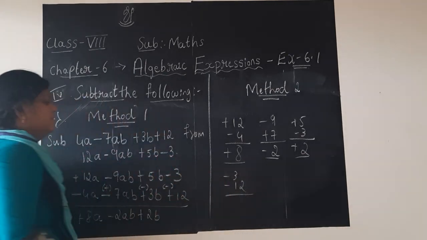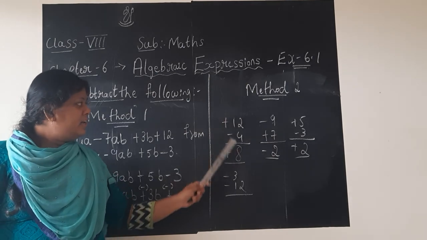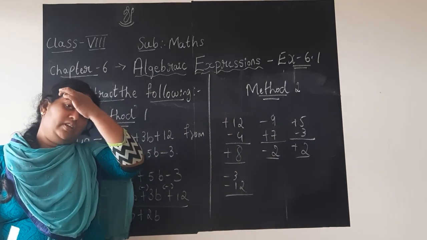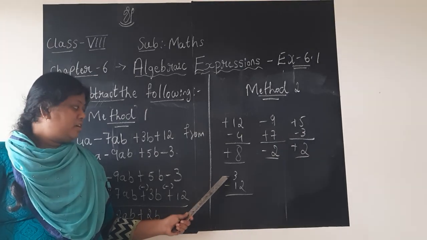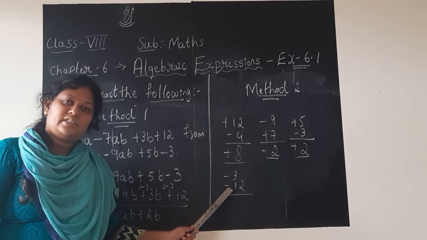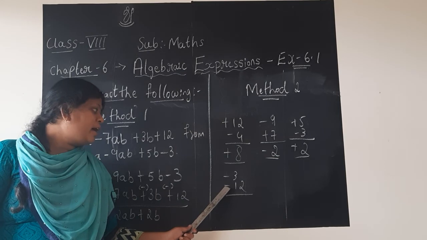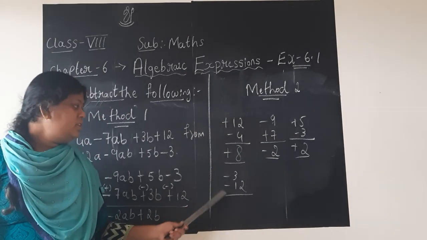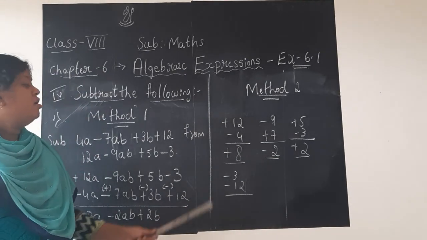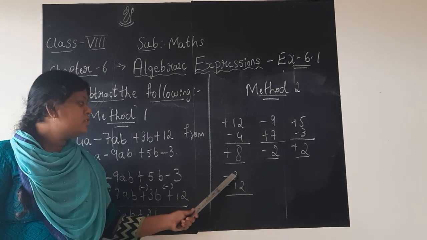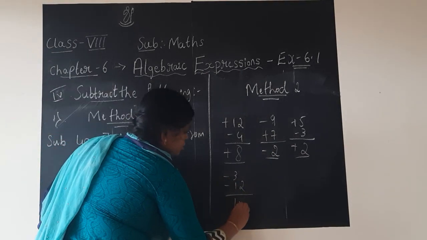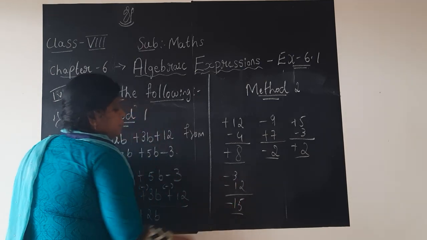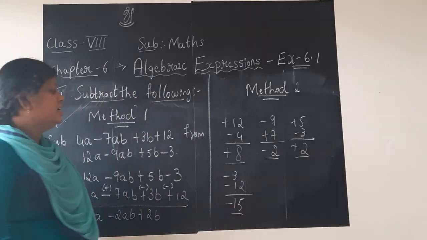Minus 3 minus 12. Here till now we had one with plus sign, one with minus sign, so we subtracted. Remember the sign convention, recall it. Minus 3 minus 12. If at all we have to add numbers where both the numbers are having minus sign, minus minus means you should always add the numbers. So 12 plus 3 you should do, which is 15, but put the minus sign.